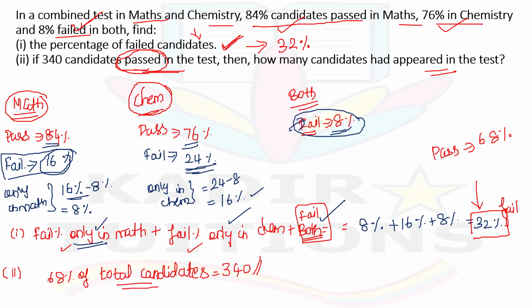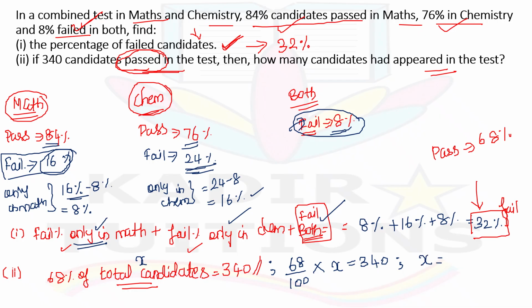Since we don't know the number of total candidates, I am going to keep the variable x for it. So 68 percent we can express as the fraction 68 by 100, of the total candidates. Of means multiplication. Total candidates we have taken as variable x, which is equal to 340. If we simplify this, we will get the x value, which is the total number of candidates.